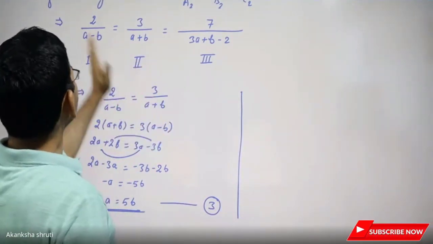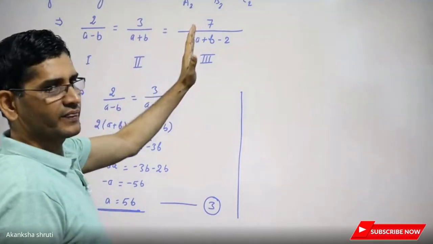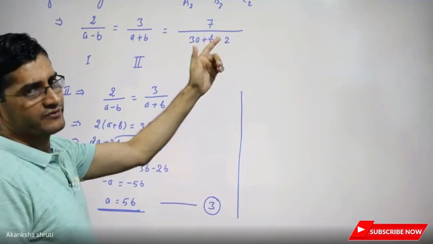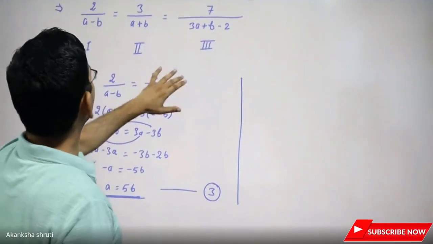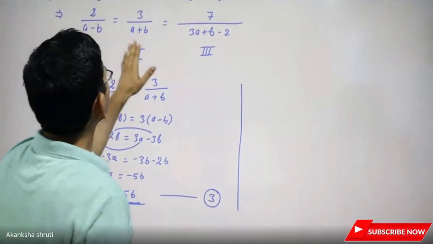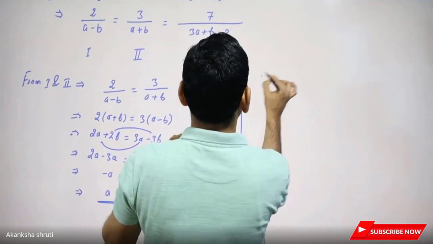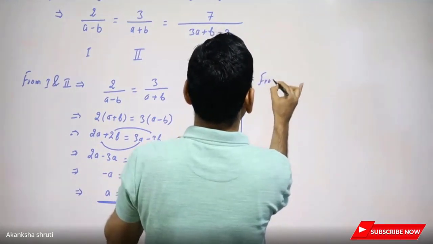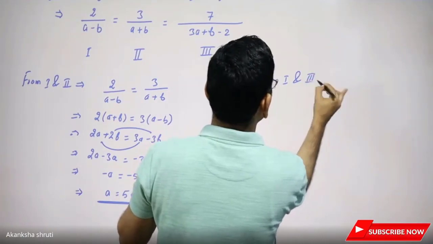Student, now we can equate this 1 with this 3 or 2 with this 3. Then from that we will get the other equation. 1 and 2 we have used. Now let me use this 1 and 3. So write from 1 and 3.